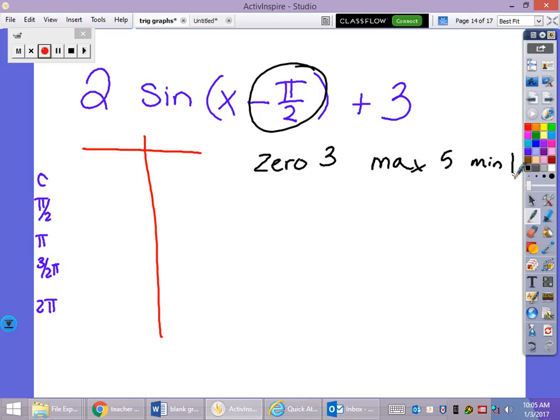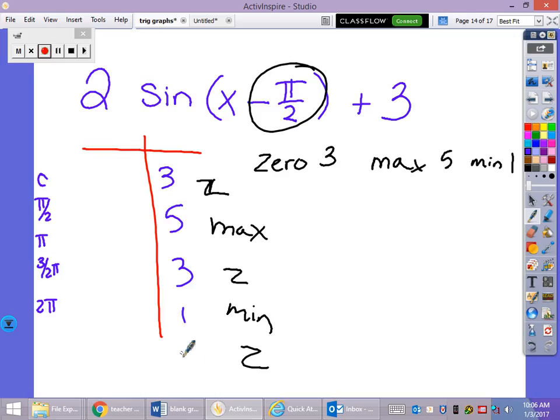And it is sine, so what's the pattern? 0, max, 0, min, 0. Great. So I can fill in the right hand with no problem. I can't touch the left side yet because there's a phase shift. So when I plug this in, I should have 3, 5, 3, 1, 3. Any questions with that?